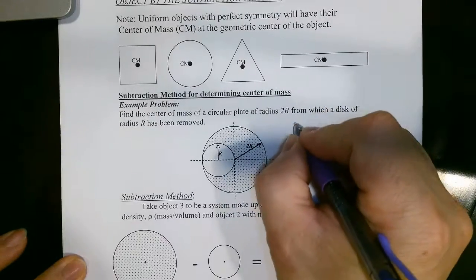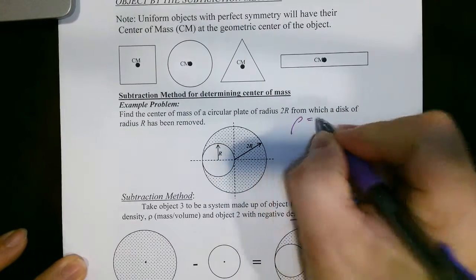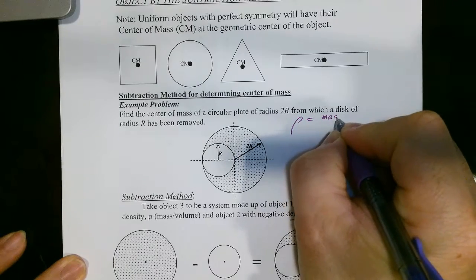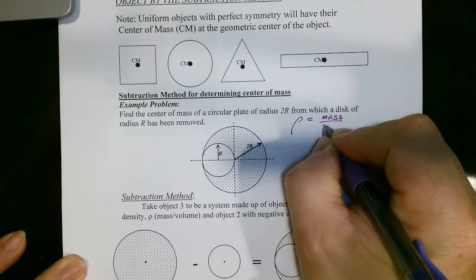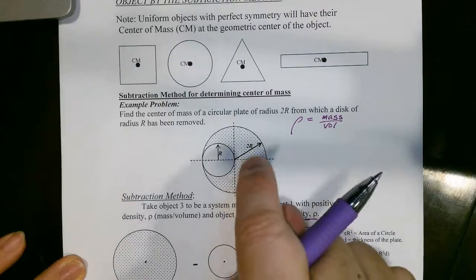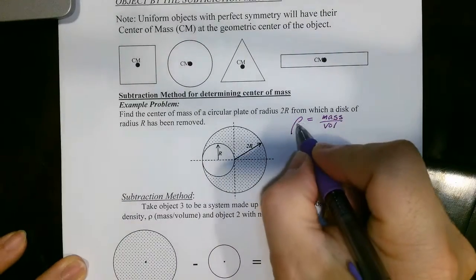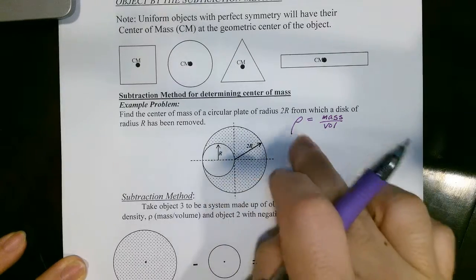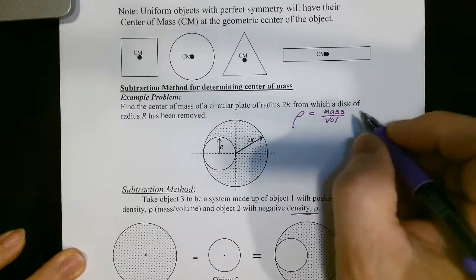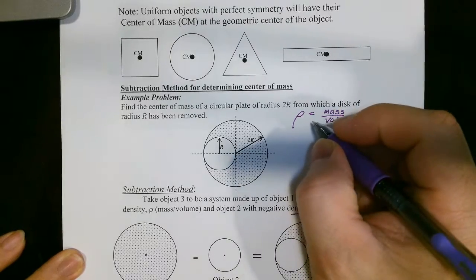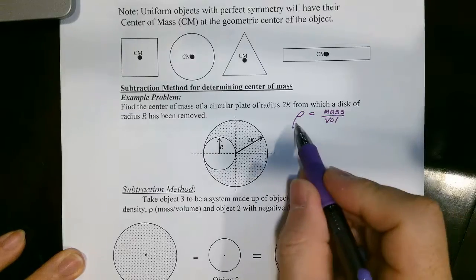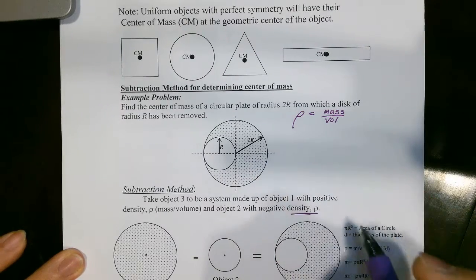We know rho is equal to mass divided by volume. So if this were made with a uniform density material, and all the material in here is uniform, then we can calculate what the mass is in terms of rho and volume.